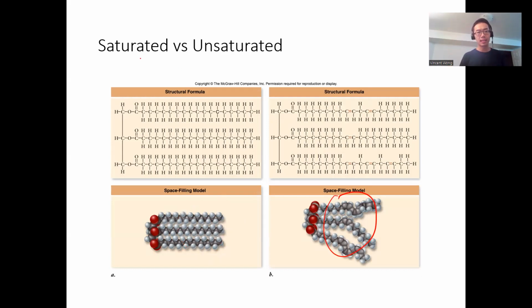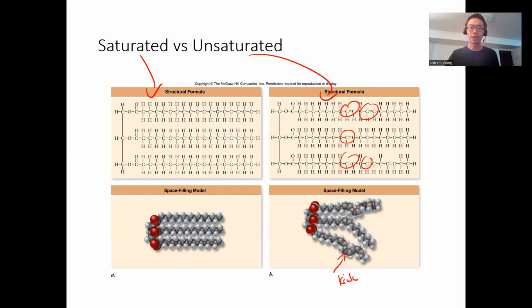That's why you know this one is saturated and that one is unsaturated. These kinks, these bends, are a result of the double bond. You see the double bond here, here, here, here. Remember, only one tail has to have the double bond for it to be considered an unsaturated fat.